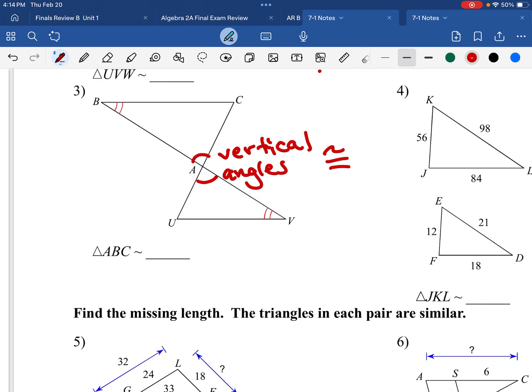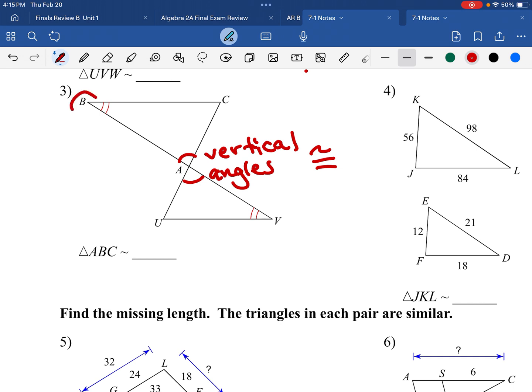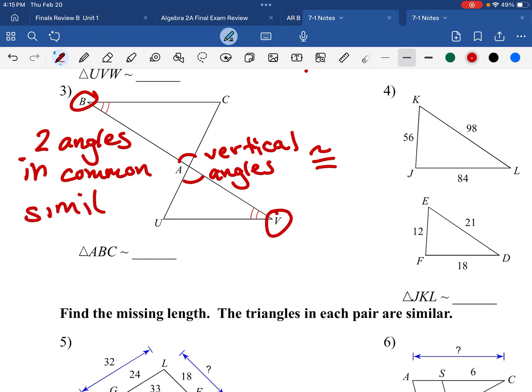So those two angles are equal, and I also have angle B is equal to angle V. So I have two angles in common, and when this happens, it's automatically similar by angle-angle. If I have at least two angles in common, that means it's going to be similar.